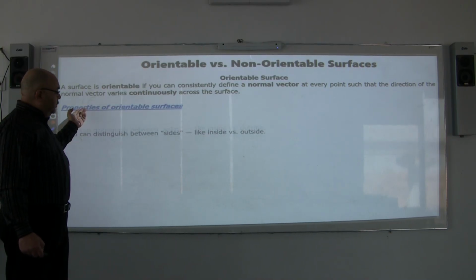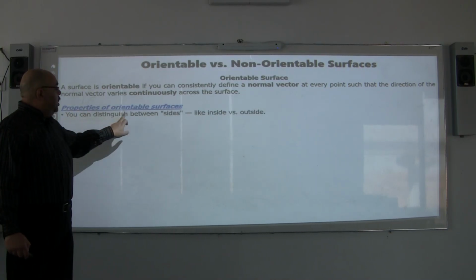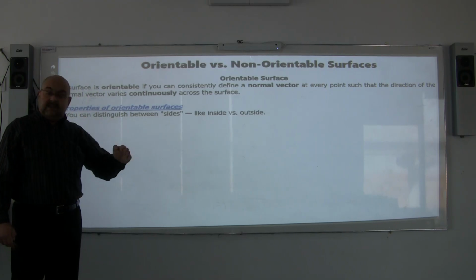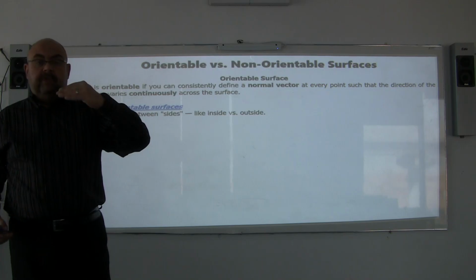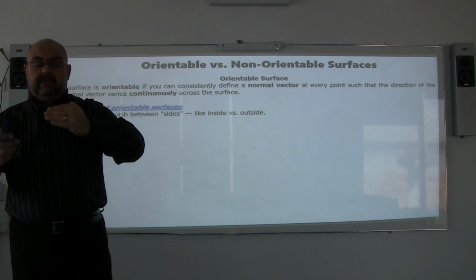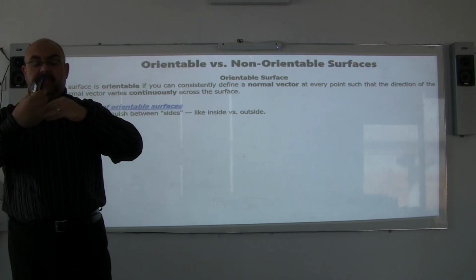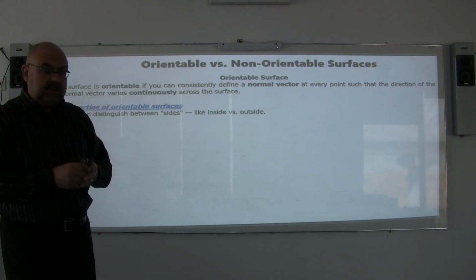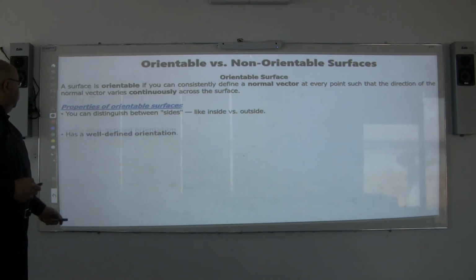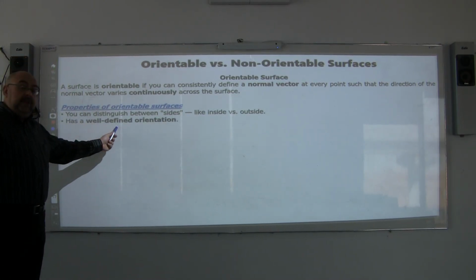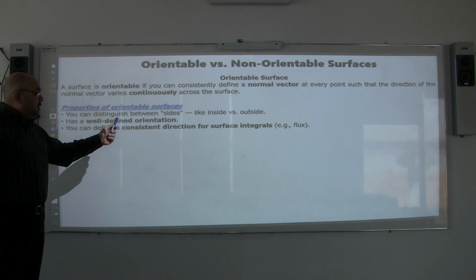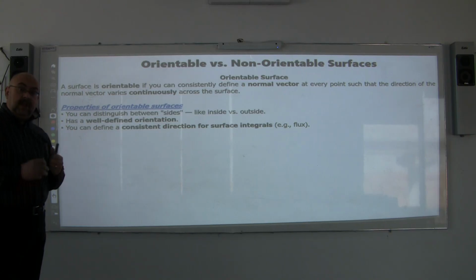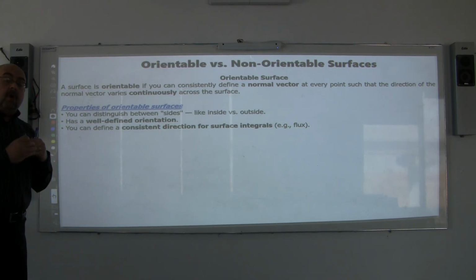Properties of orientable surfaces: you can distinguish between sides, like inside and outside, as we saw. If this is a portion of an orientable surface, you will be able to know the outer and the inside surface, or between the sides. It has a well-defined orientation. You can define a consistent direction for a surface integral, like the flux or the flow of the vector field around the surface.